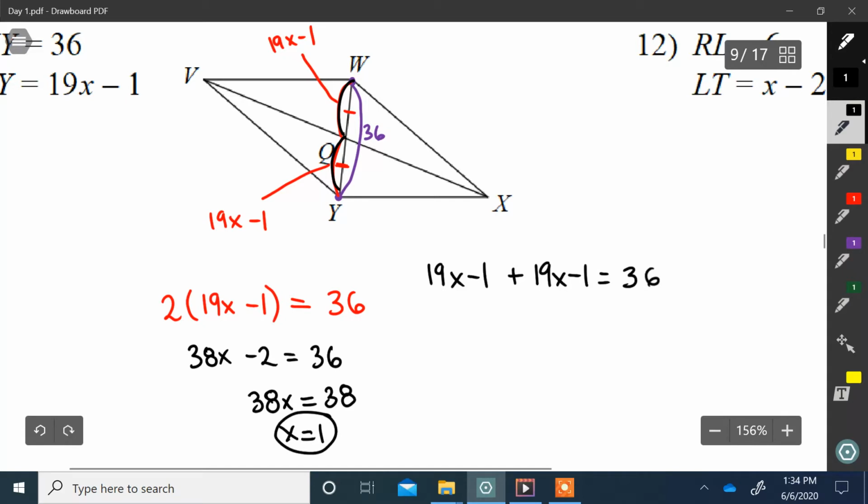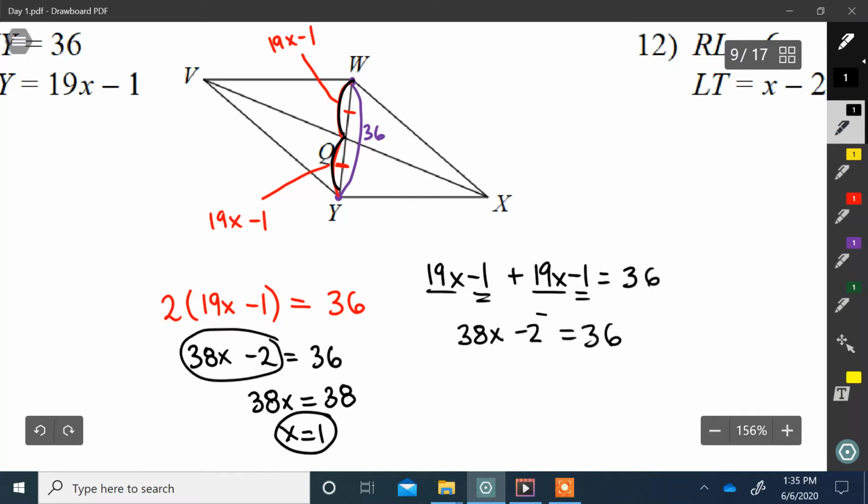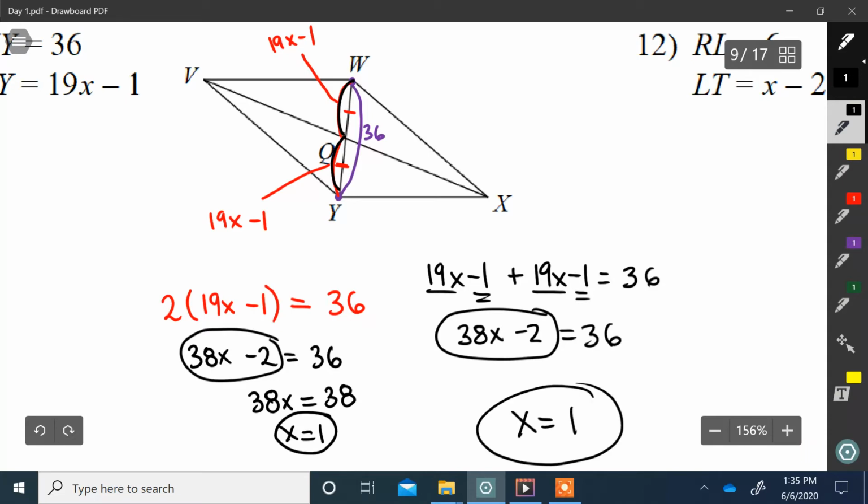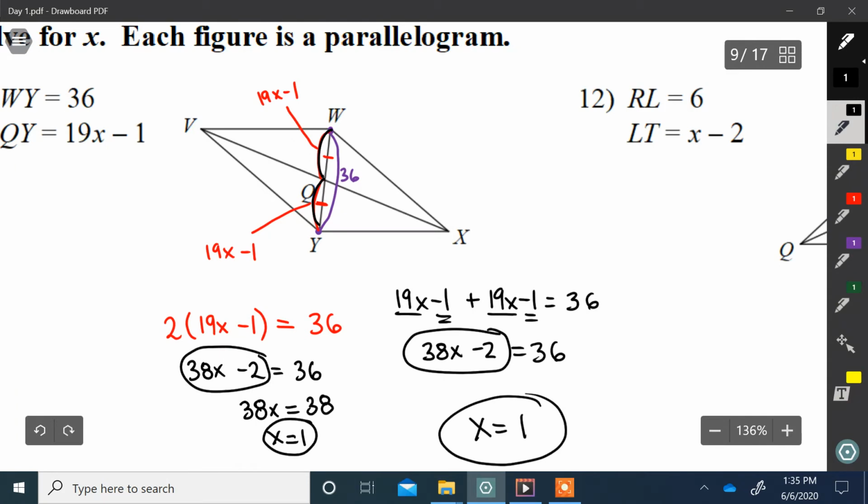You should get the same answer. 19x plus 19x is 38x. And then negative 1 plus negative 1 is negative 2. You guys see that you get the same thing here? Okay, so I'm not going to finish the problem. We're going to get the same answer there. That's what that 2 means.